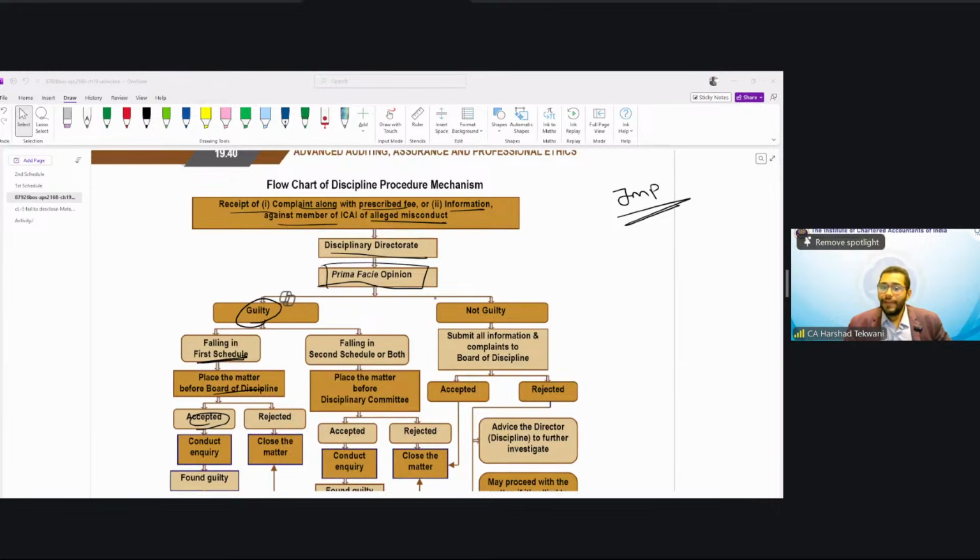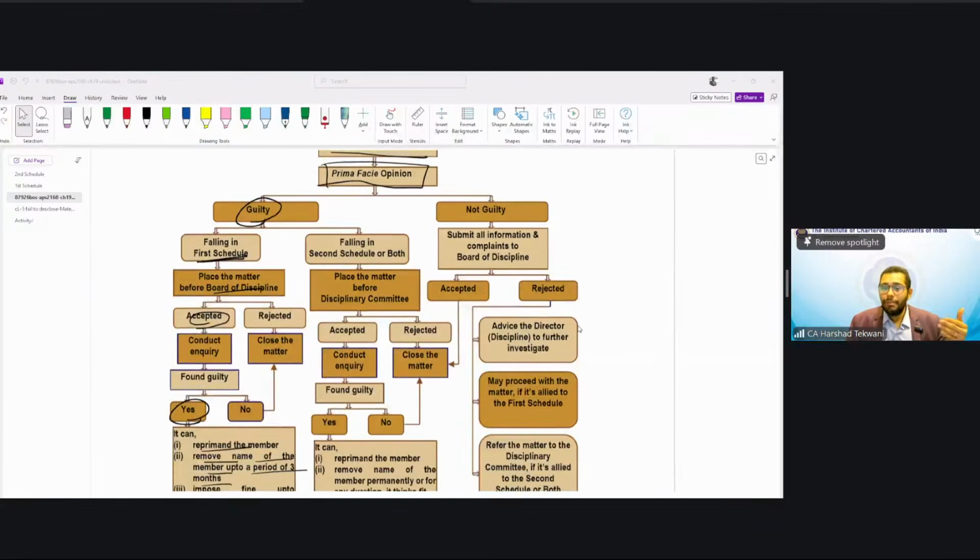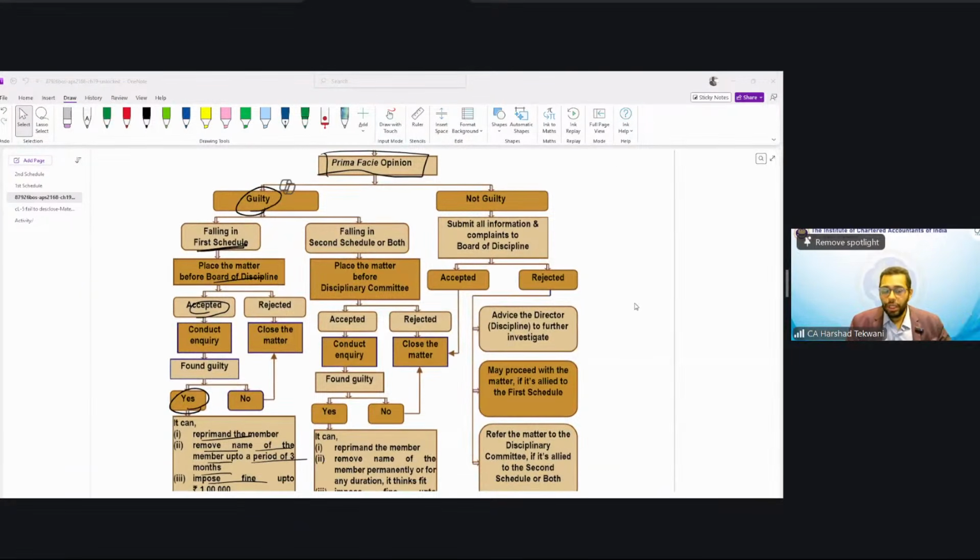If he is guilty of professional misconduct, then based on the schedule, first or second, the matter goes in front of the authority. If it is the first schedule, then it will be placed before the Board of Discipline. If the matter involves the second schedule or both, the matter will go to the Disciplinary Committee.